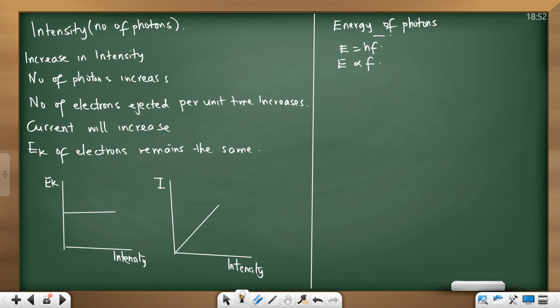A light of higher frequency would have more what? Energy. So how would that happen? So using a light of higher frequency, energy of photon will increase. But the number of photons remain what? The same.